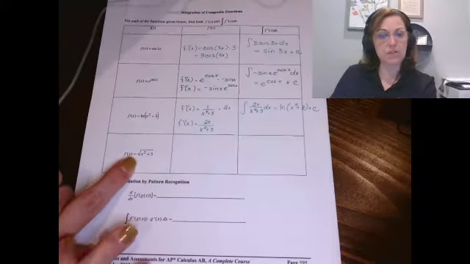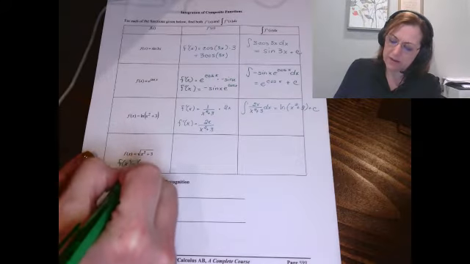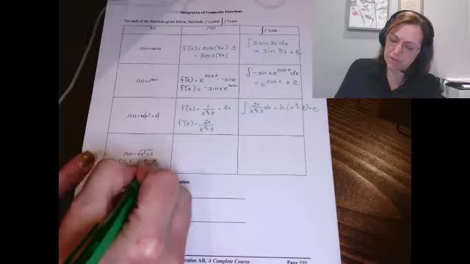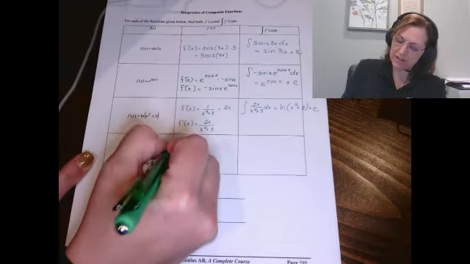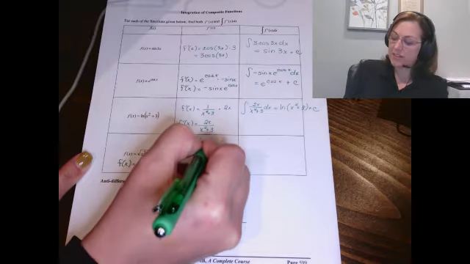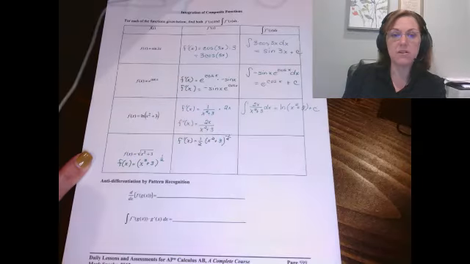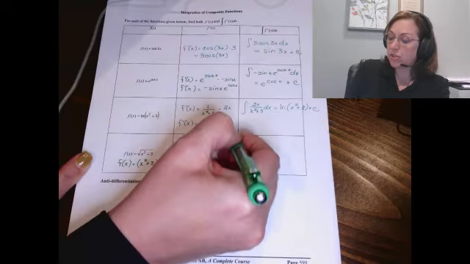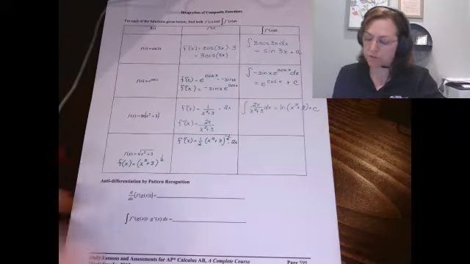Let's take the derivative here. First, let's rewrite it. So I can rewrite it as x squared plus 3 to the 1/2. So the derivative here is 1/2 x squared plus 3 to the negative 1/2, and then times the 2x, which would be the derivative of the inside, the derivative of x squared plus 3.